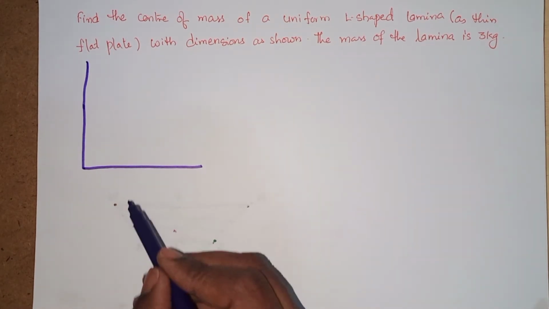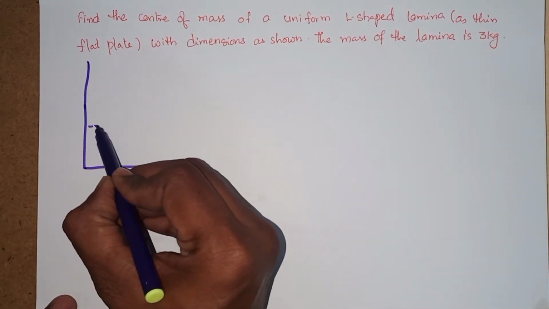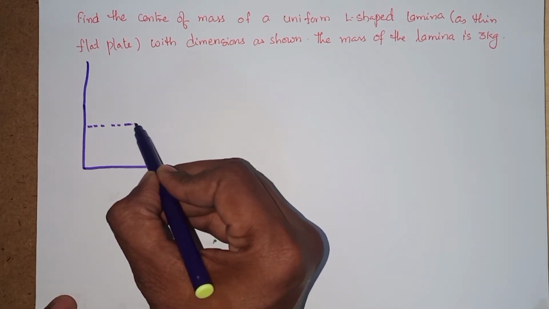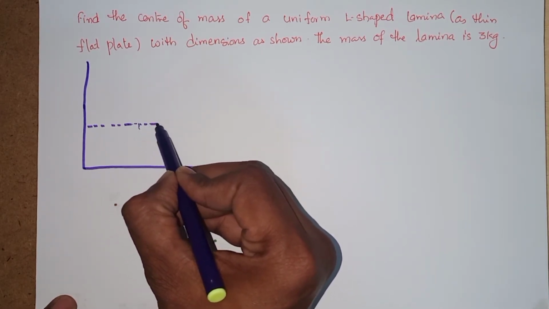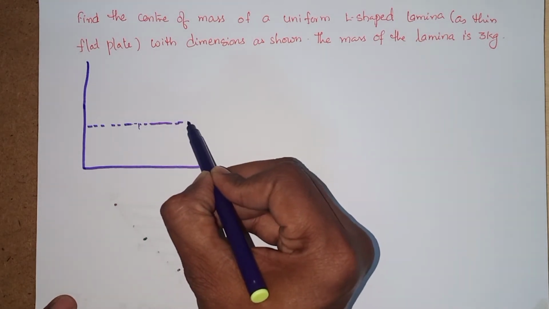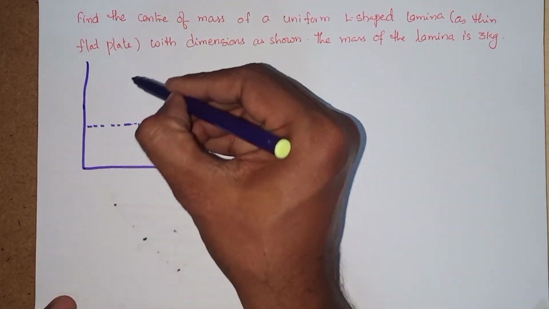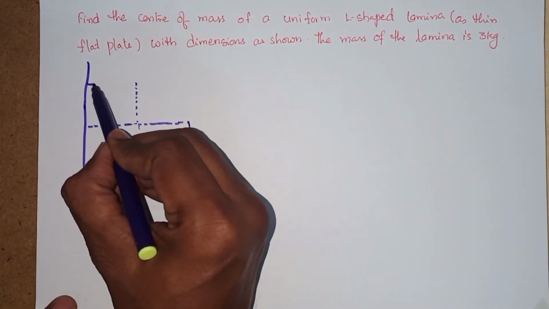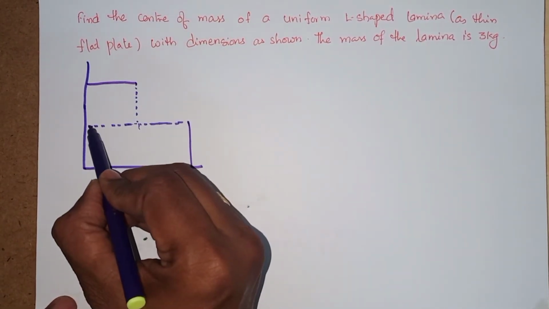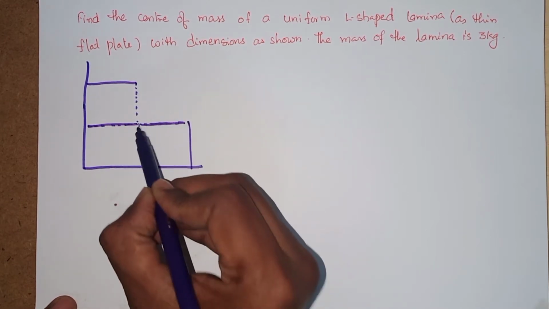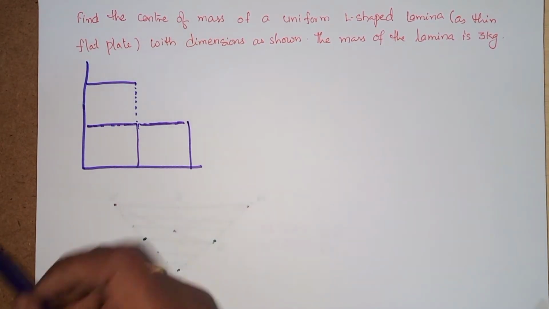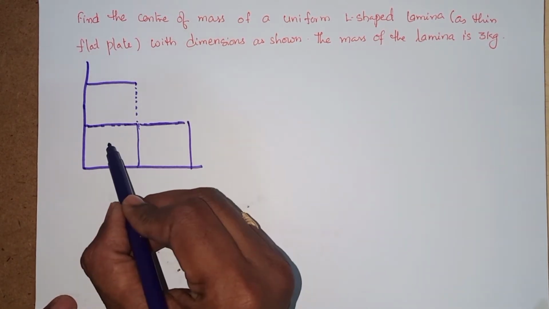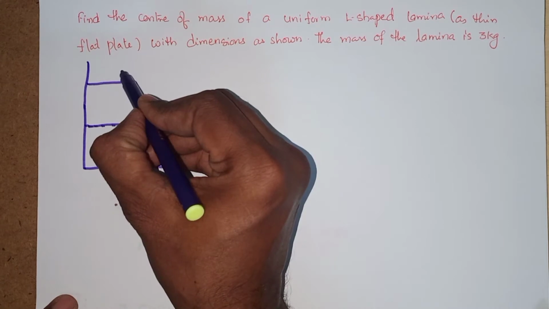L-shaped lamina. So this is the L shape: 1 kg, 1 kg, 1 kg.